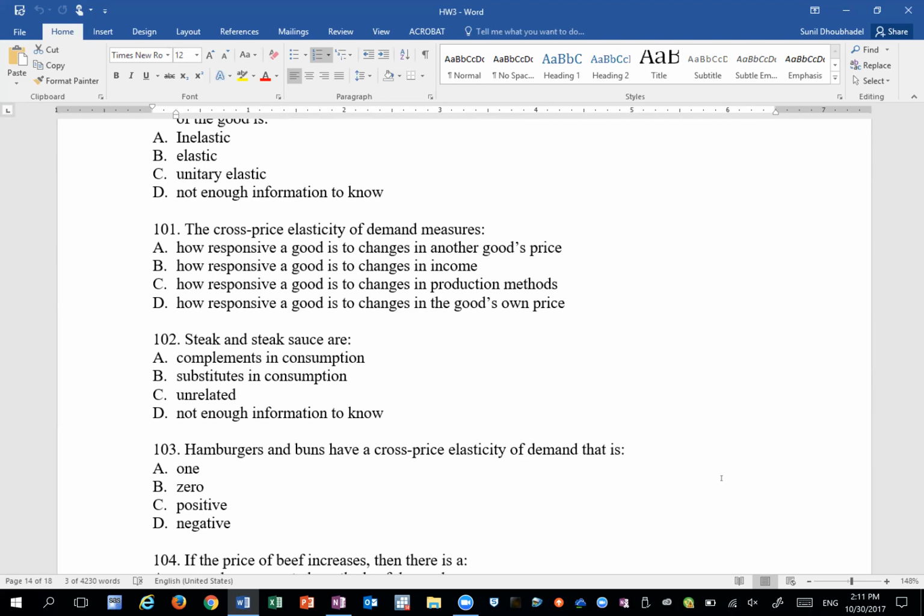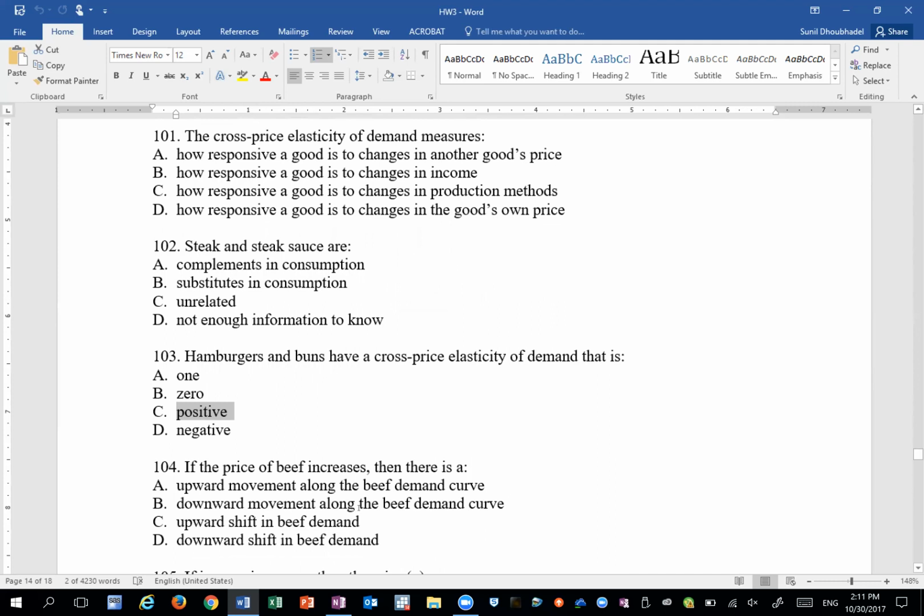They are complements in consumption. Let's say if the price of hamburgers increases, what will that do to demand for buns? Decrease, meaning that cross price elasticity is negative. Okay, they're moving in opposite directions.